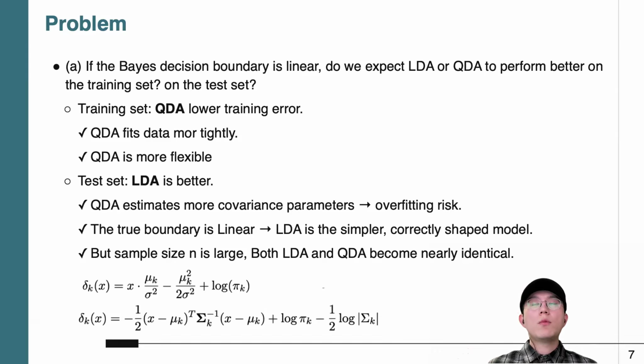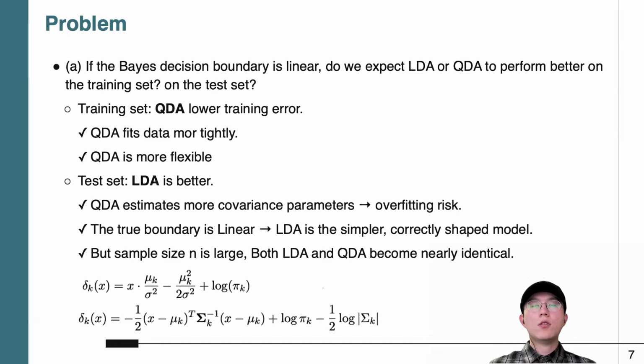With a linear ground truth boundary, LDA is simpler and correctly specified, so it has lower variance. QDA, on the other side, estimates more covariance parameters and risks overfitting with limited data.